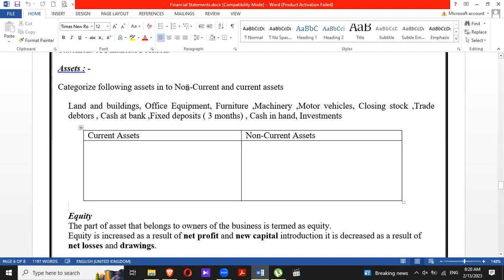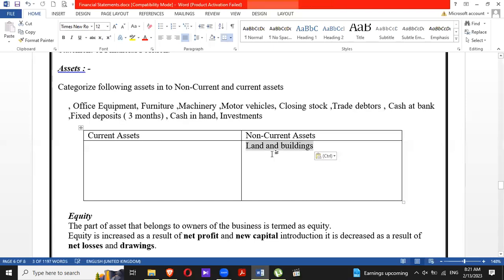Now let's do this activity. Categorize the following assets into non-current and current assets. Land and building come under non-current.